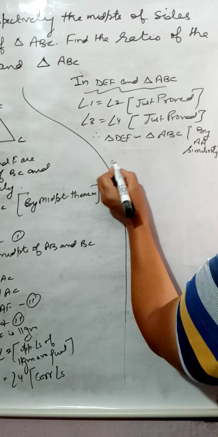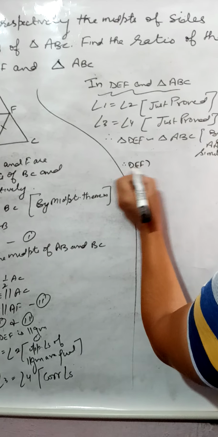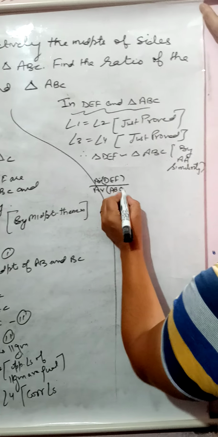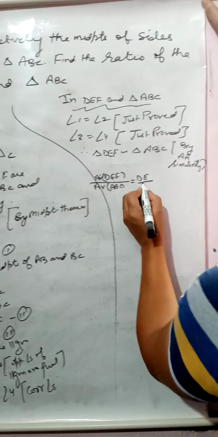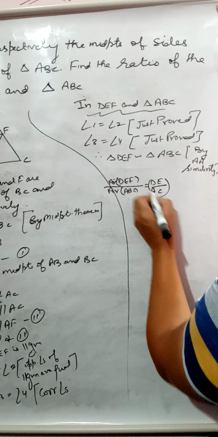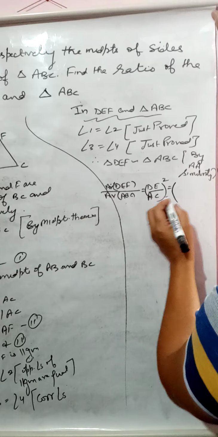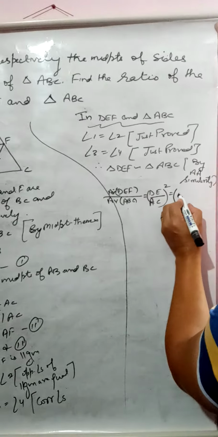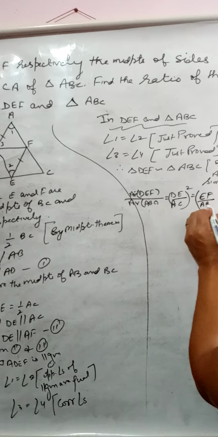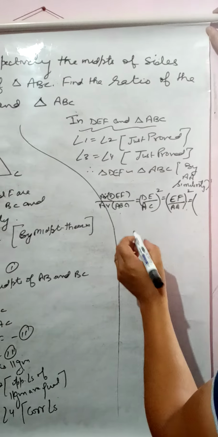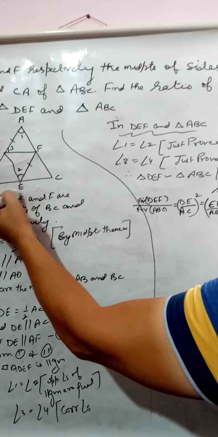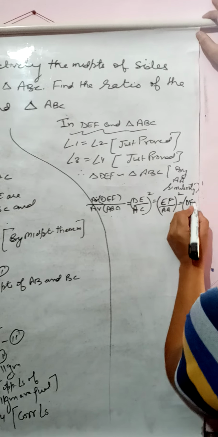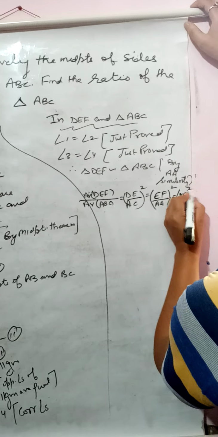Therefore area of triangle DEF by area of triangle ABC equals DE by AC squared, which is the corresponding sides, equal to EF by AB squared and DF by BC squared.